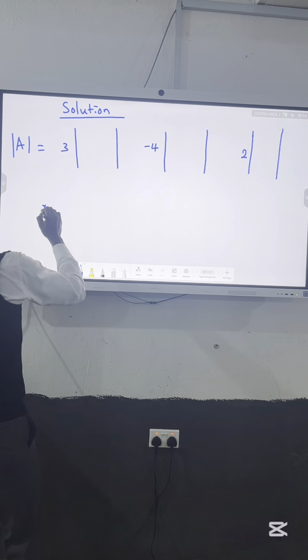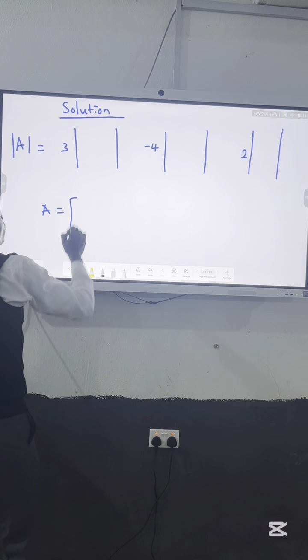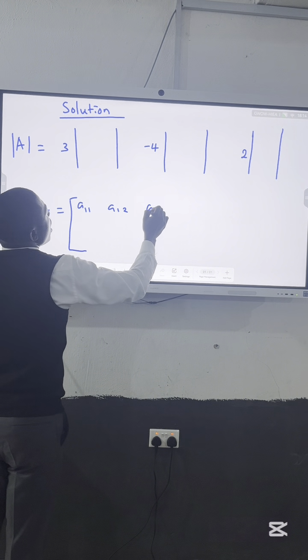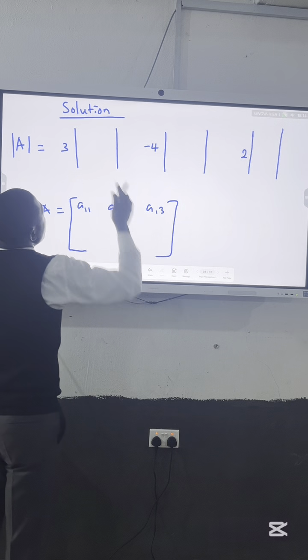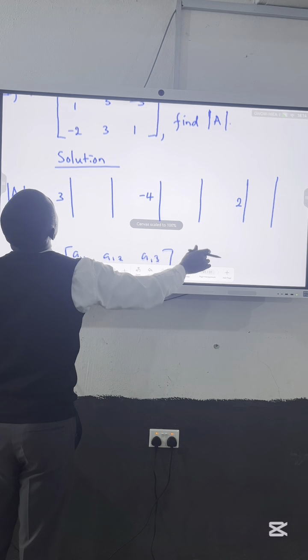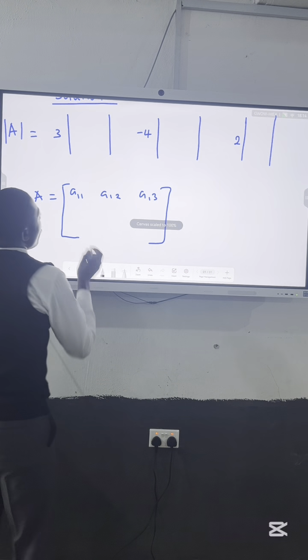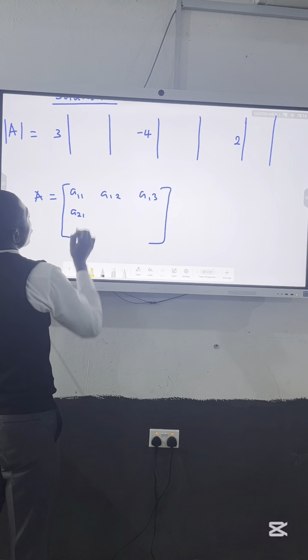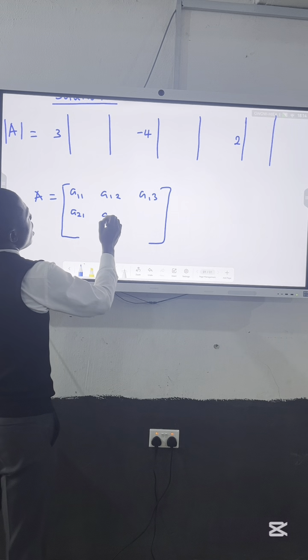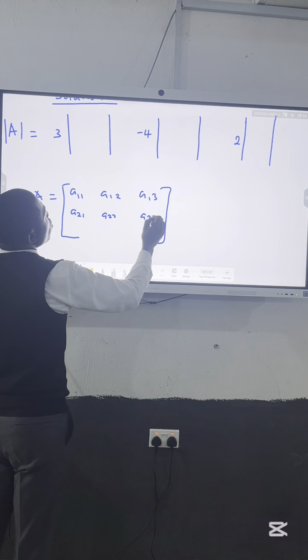Let's say matrix A. Write it this way. A11, A12, A13 are the elements in row 1. Then the elements in row 2: A21, A22, A23.